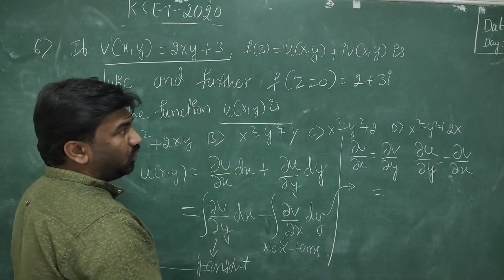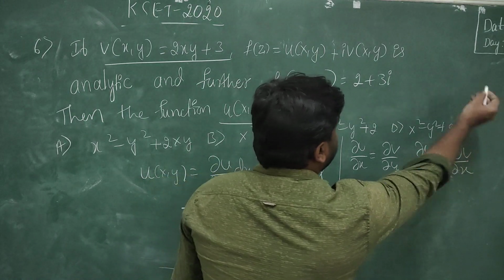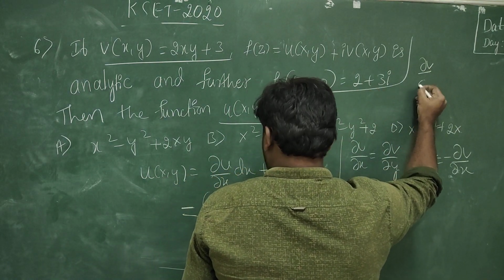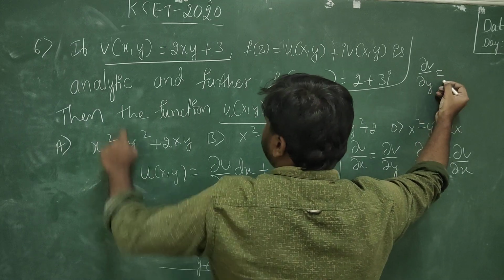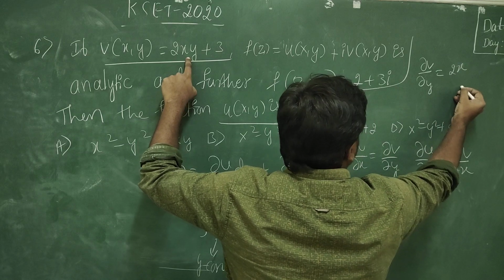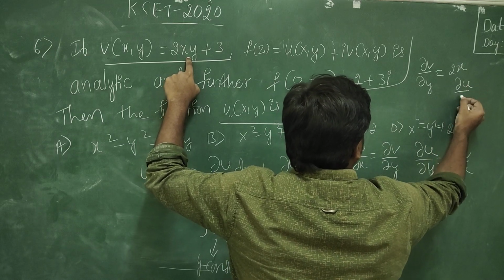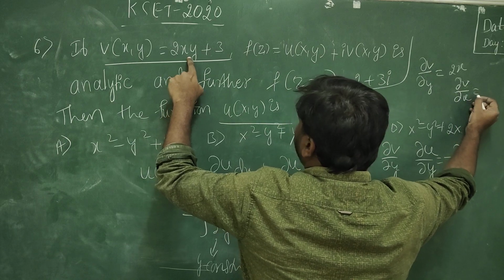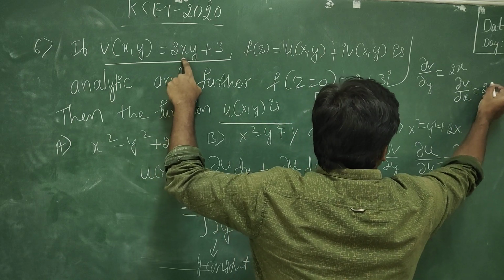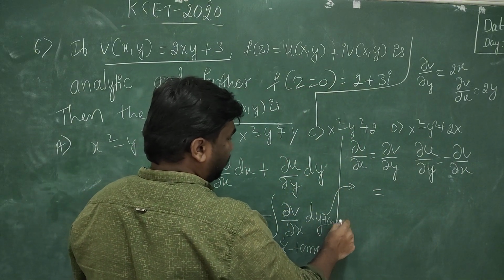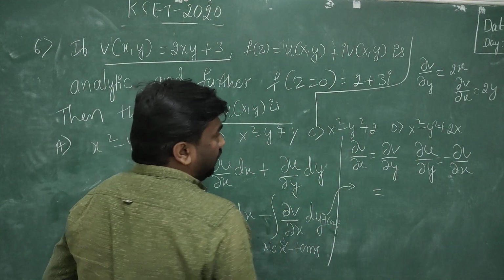So what is dou v by dou y? Dou v by dou y is equal to, with respect to y, differentiate 2x, and dou v by dou x is equal to 2y. Okay, and plus integration constant, some constant.